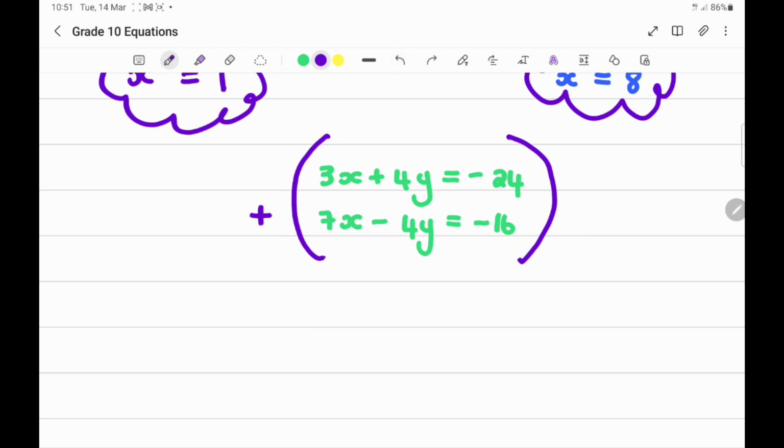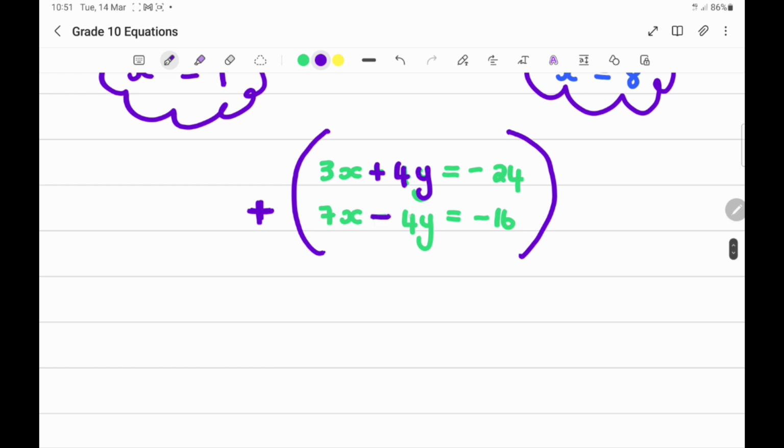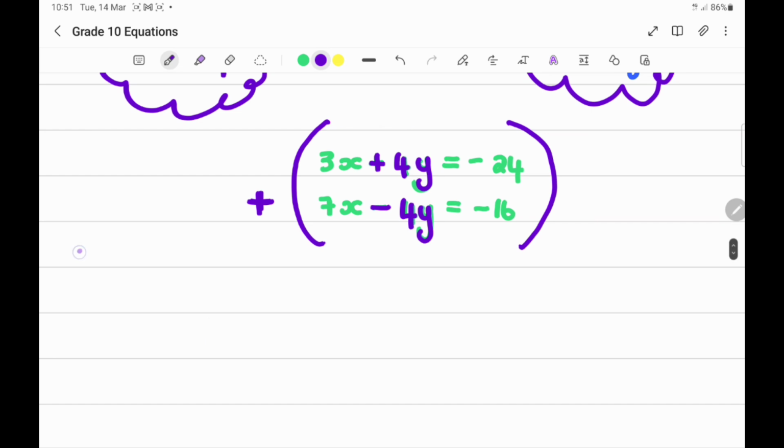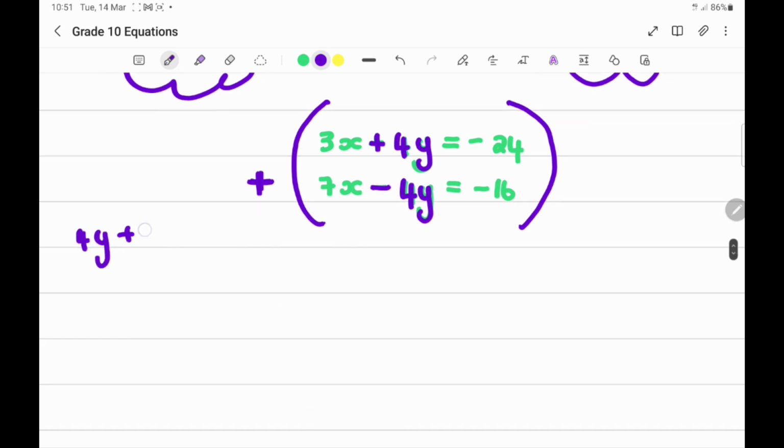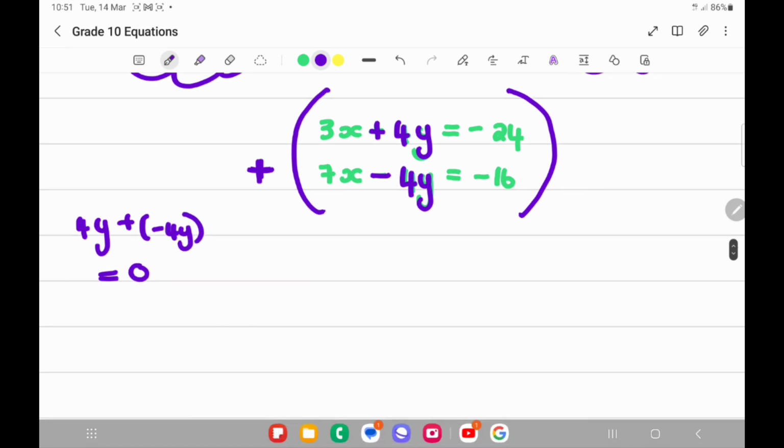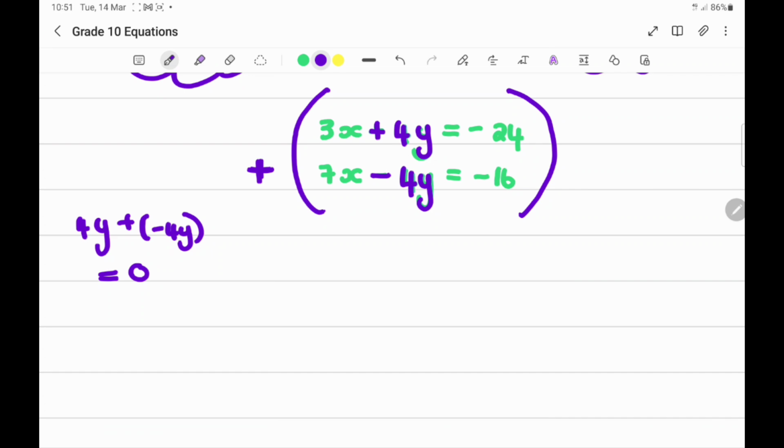So let's just start with a plus. If I've got plus 4y plus negative 4y, what does that give you? If I write it out as a sum, positive 4y plus negative 4y, does that give me 0? Yes, because a plus and a minus makes a minus. 4y minus 4y gives you 0. So I need to indeed add the two equations together instead of subtracting this time.